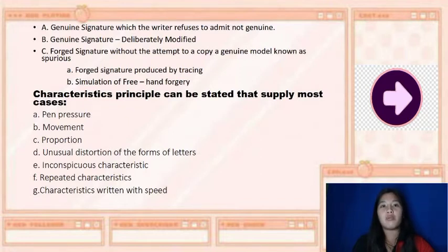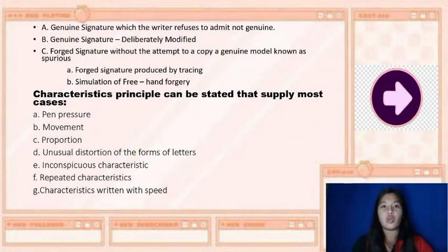When these are not present, but instead the obvious features are absent, and provided that the minute details are present or correctly reproduced, the signature may be a genuine signature deliberately modified. Examination of this kind of signature discovers that the modification is only on the prominent features of the letter designs, while the rest appear to be normal.